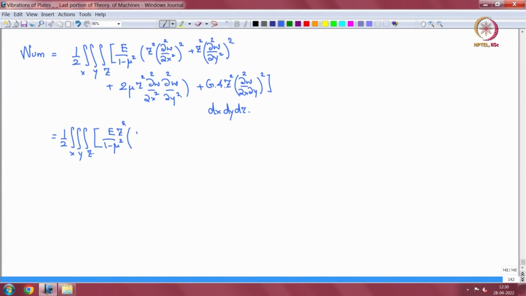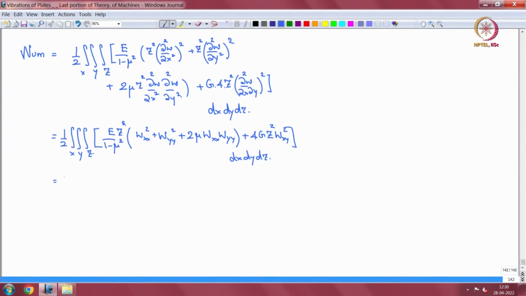Let me use the notation wxx squared plus wyy squared plus twice mu wxx wyy plus 4 G z squared wxy squared, dx dy dz.